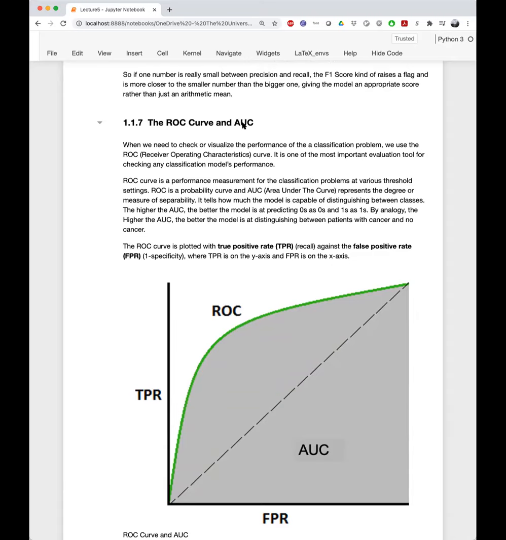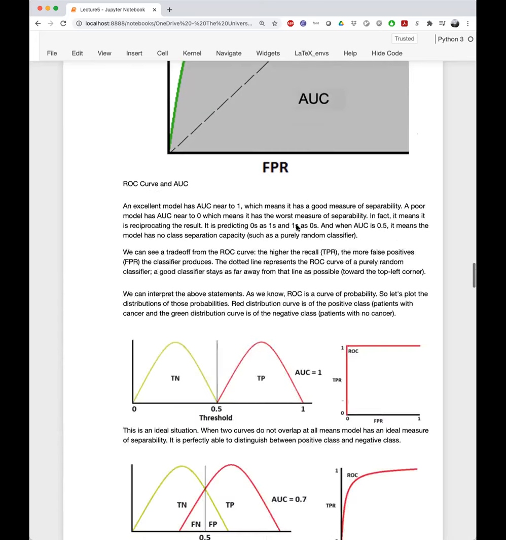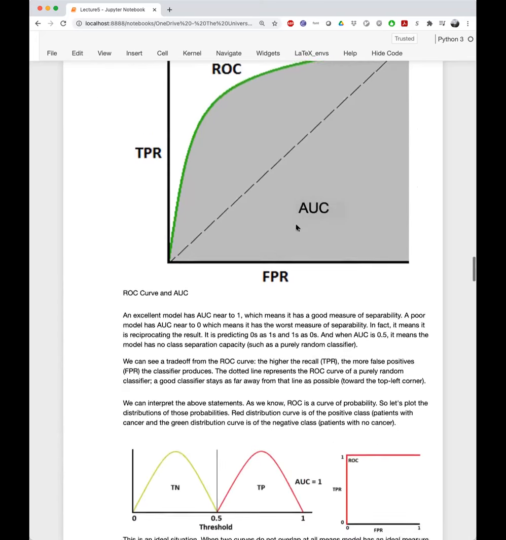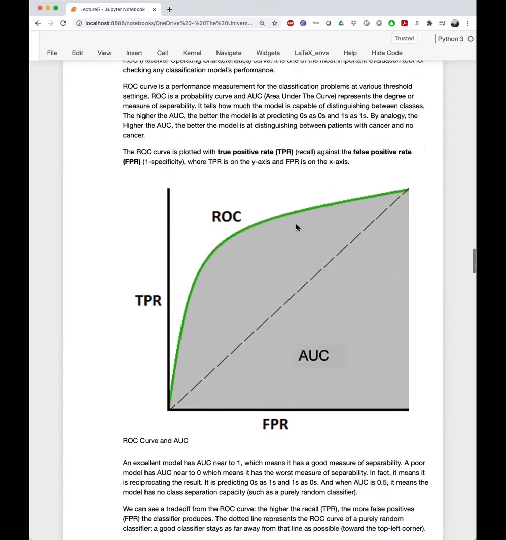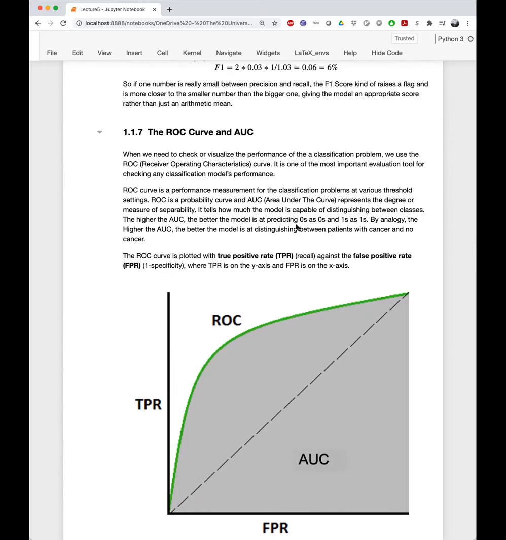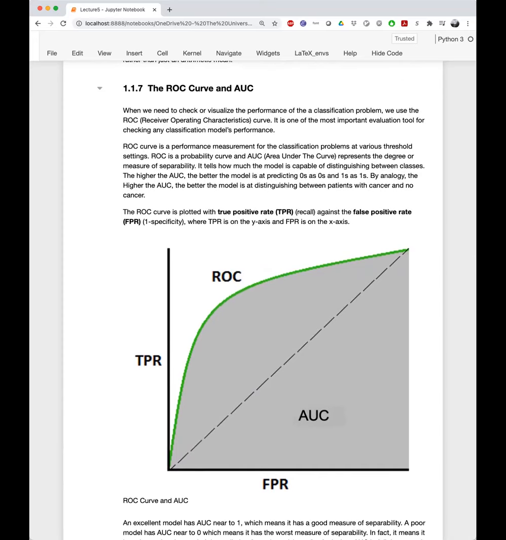So we'll spend quite a long time in this lecture to talk about what the ROC curve is and how to interpret it. Let's first take a look at the ROC curve, and then we'll introduce what AUC is. Once we know what the ROC curve is, then we can understand AUC pretty easily.